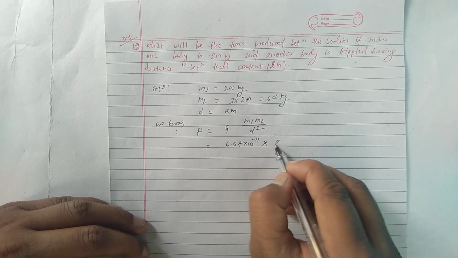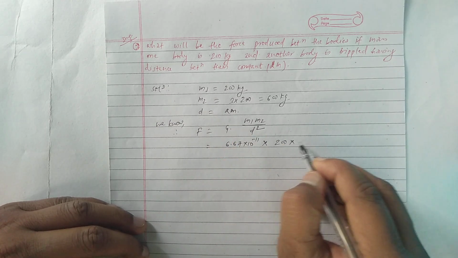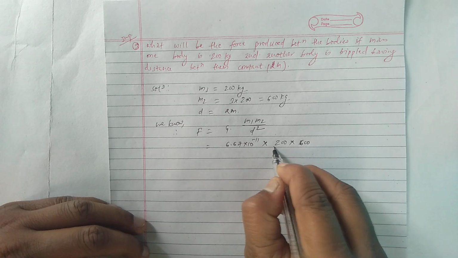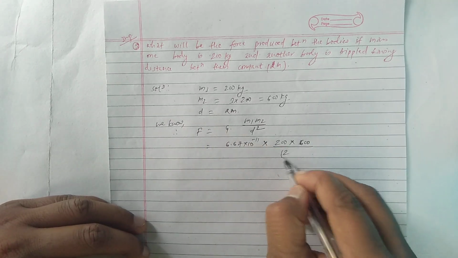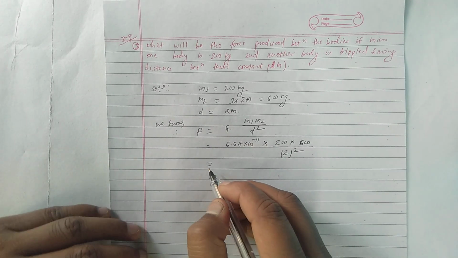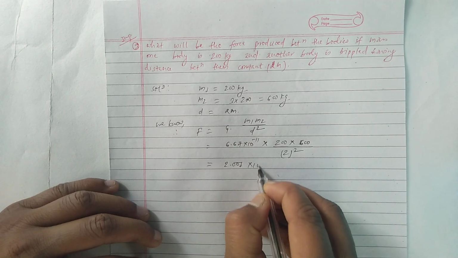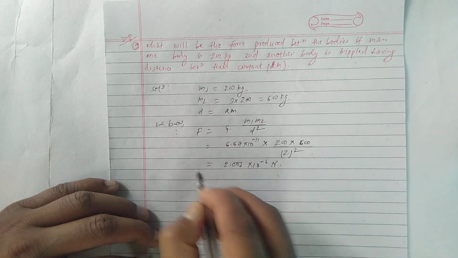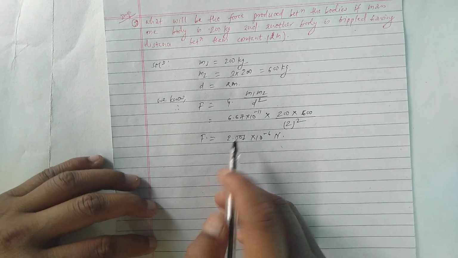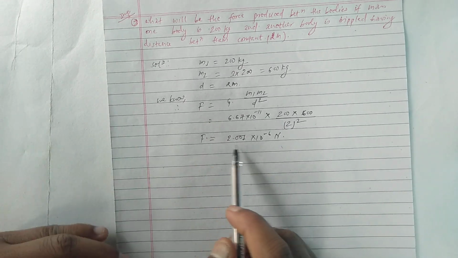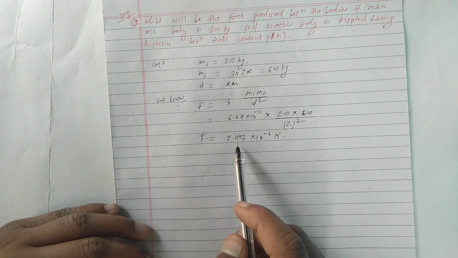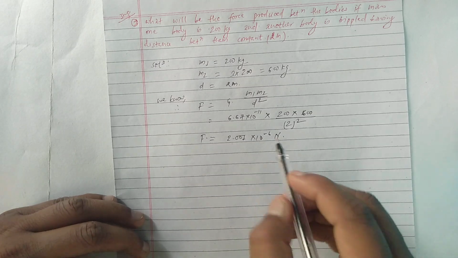The value of m1 equal to 200, m2 equal to 600, upon d square means 2 square. If you calculate, this value becomes 2.001 into 10 to the minus 6 Newton. Hence the force of attraction between the two bodies will be 2.001 into 10 to the minus 6 Newton.